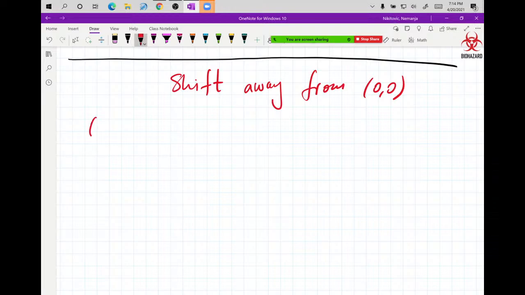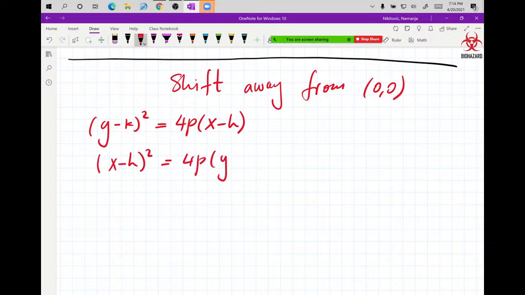So we're going to have (y - k)² = 4p(x - h), and we're also going to have (x - h)² = 4p(y - k). So these are our two.